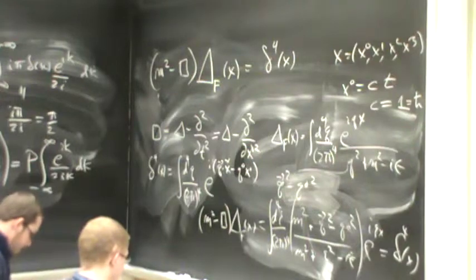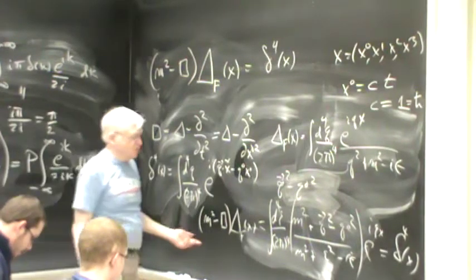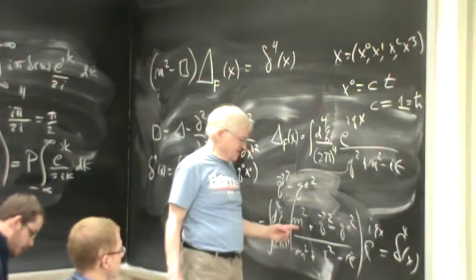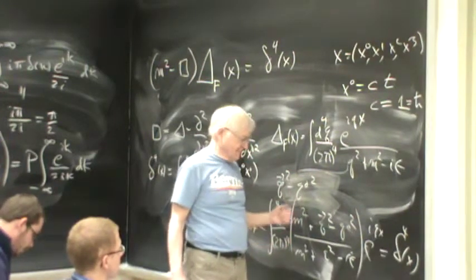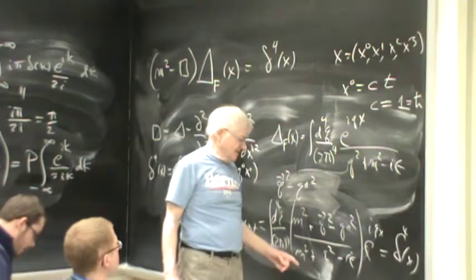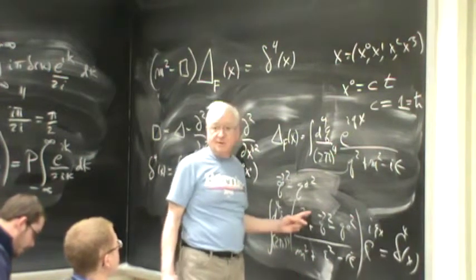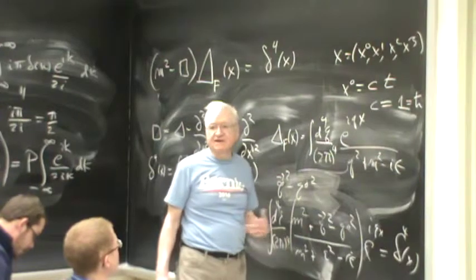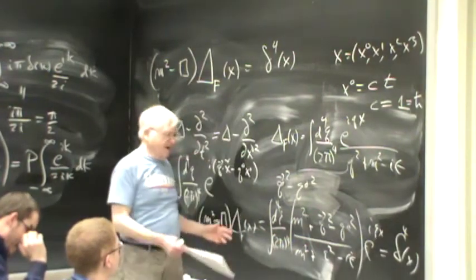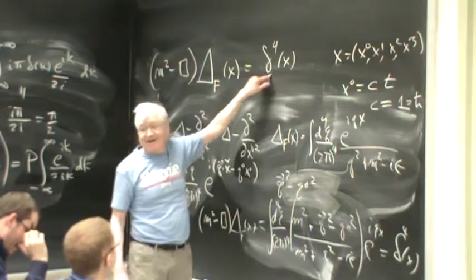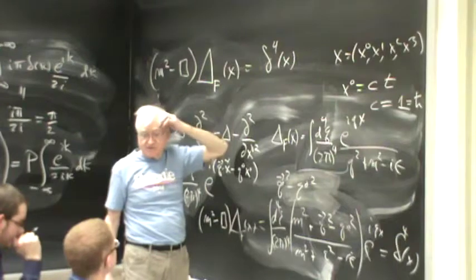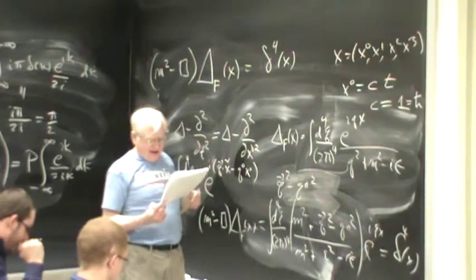In fact, there isn't even any issue with the minus sign. I misspoke there a moment ago. It's because this is basically something over something minus i epsilon. And if this denominator is 0, so is the numerator. So you can take the limit as epsilon goes to 0. So we have this thing exactly, no matter what epsilon is, you just take the limit epsilon goes to 0.